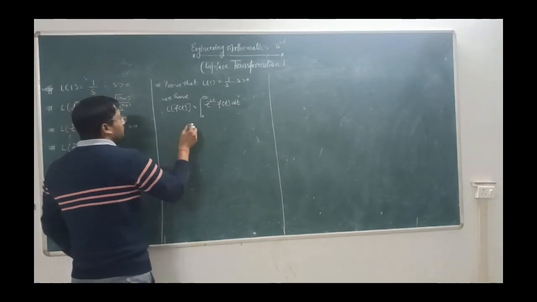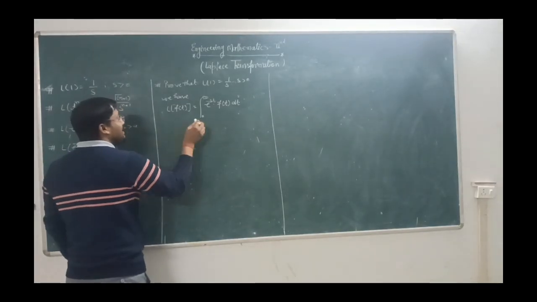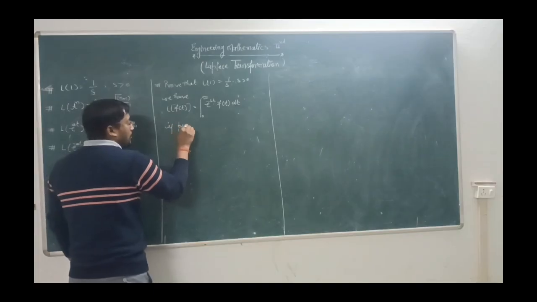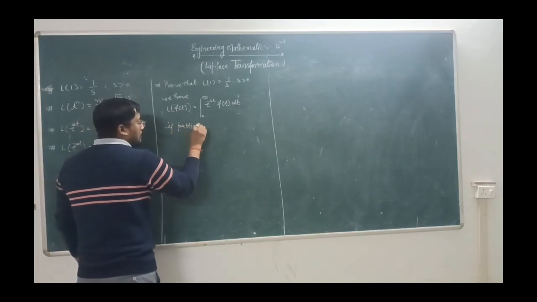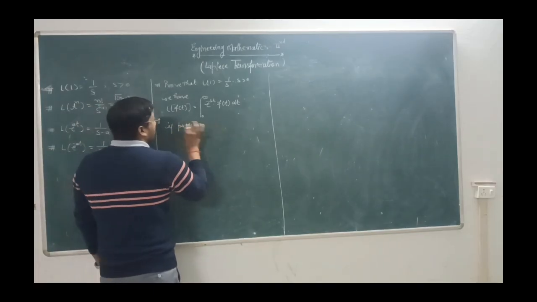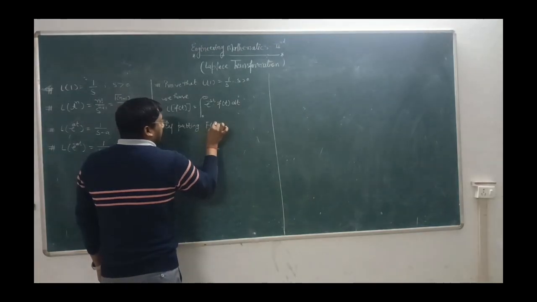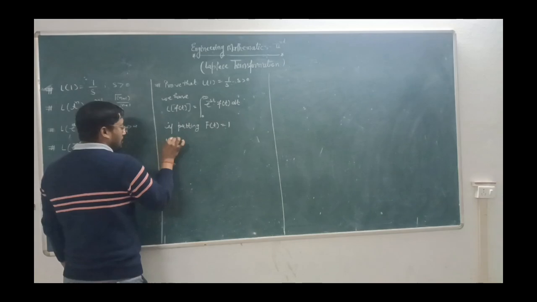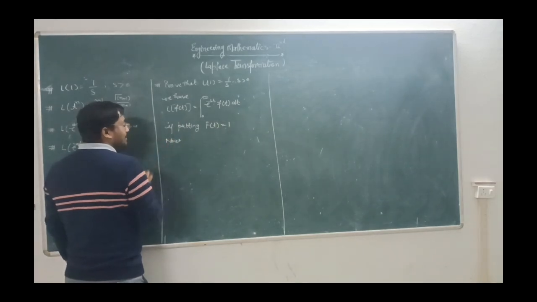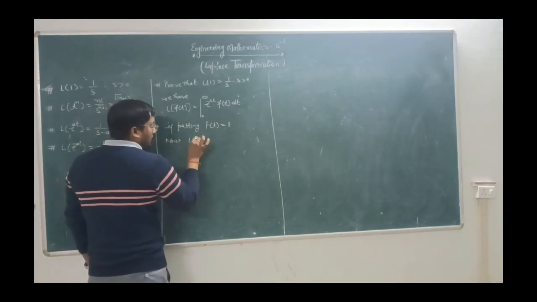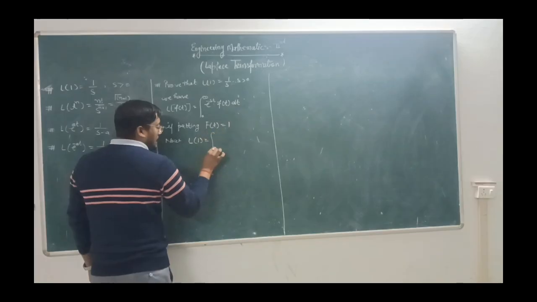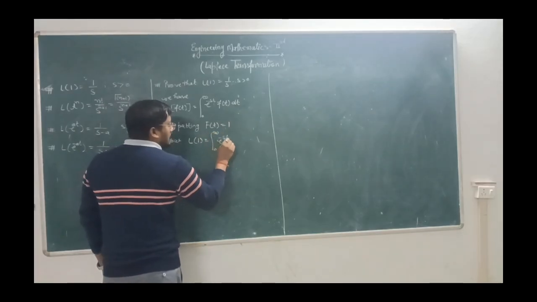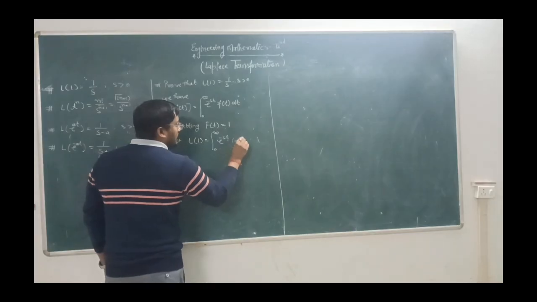So putting f(t) = 1, now L{1} is equal to the integral from 0 to infinity of e^(-st) into 1 into dt.